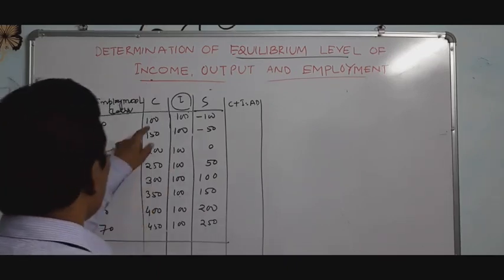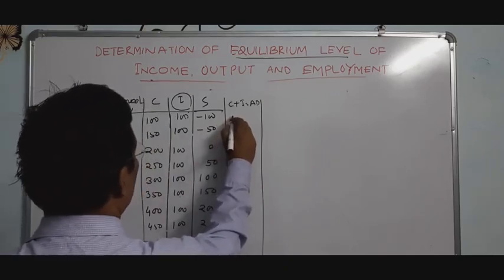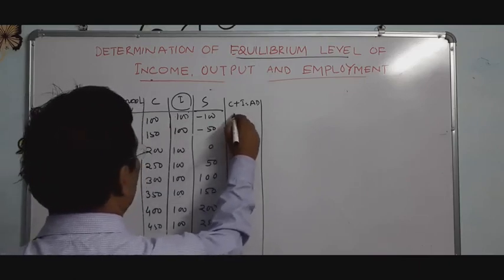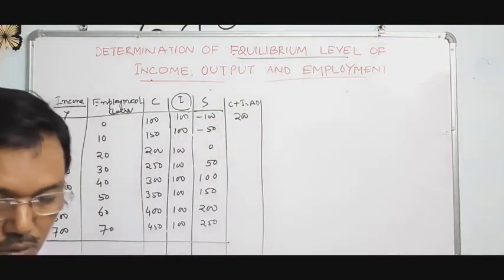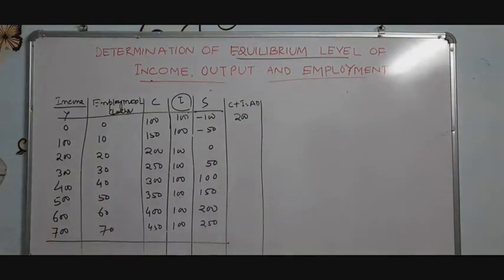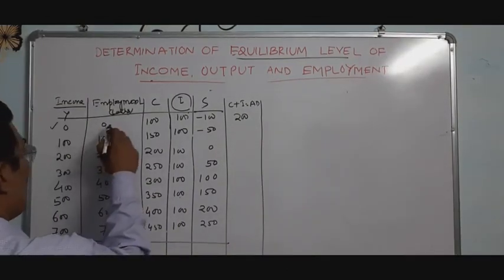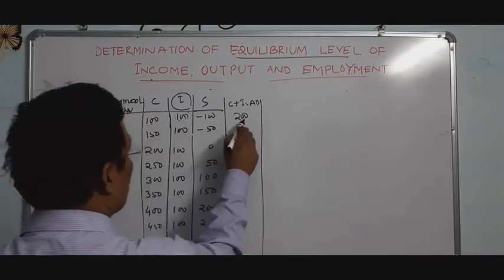So here 100 plus 100 equals 200. At zero level of income, employment is 0 lakh, consumption is 100, investment is 100, so consumption plus investment equals aggregate demand, 200.